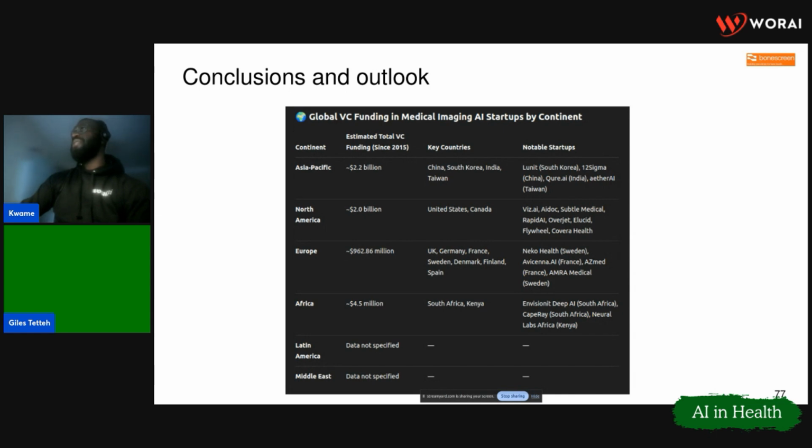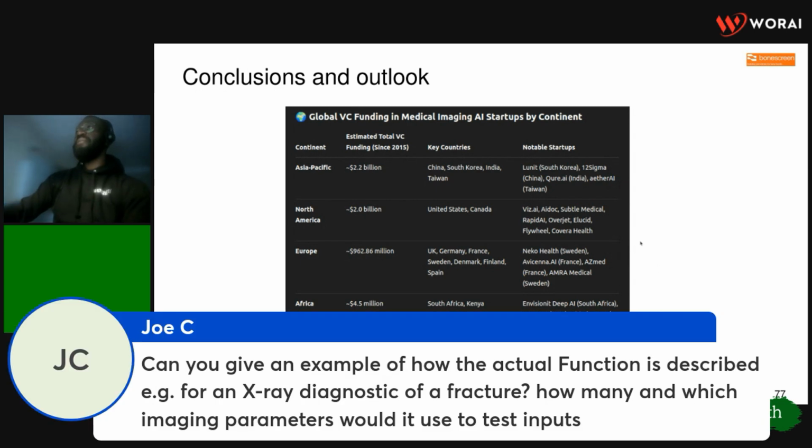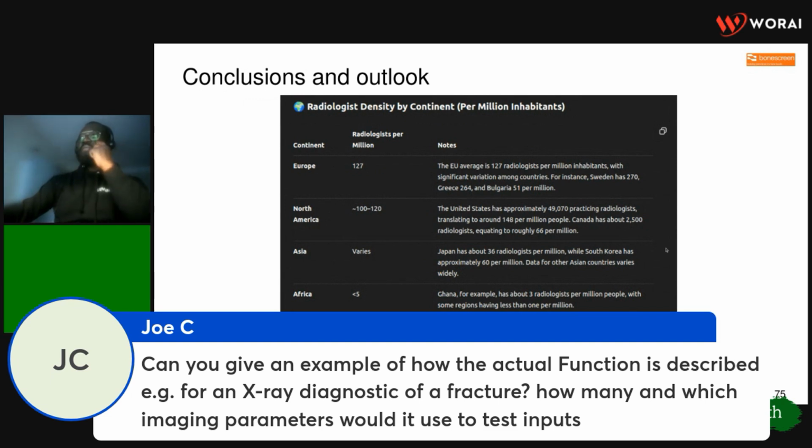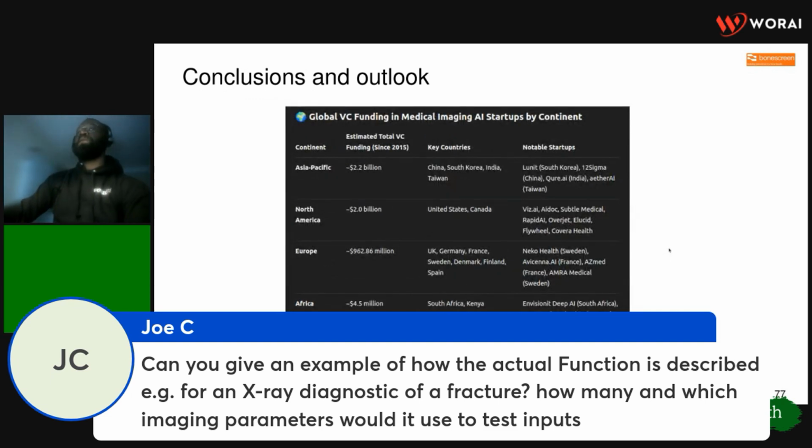He was asking if you can give an example of how the actual function is described, for example for an X-ray diagnostic of a fracture. How many and which imaging parameters would it use to test input?